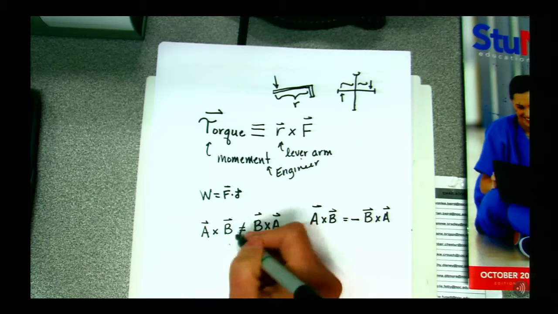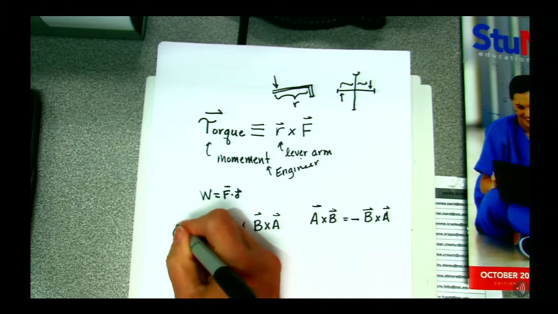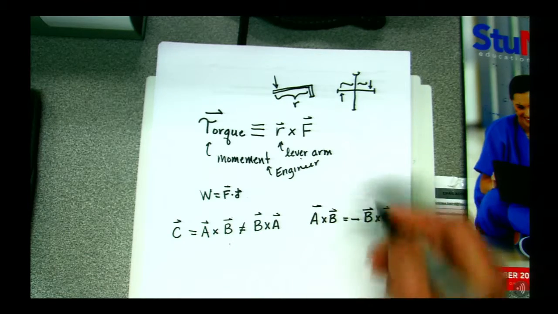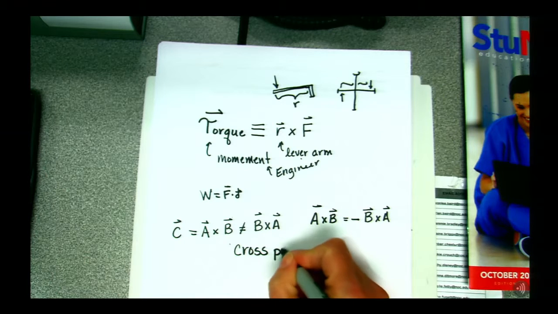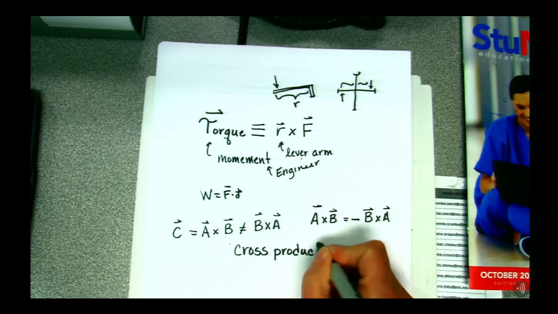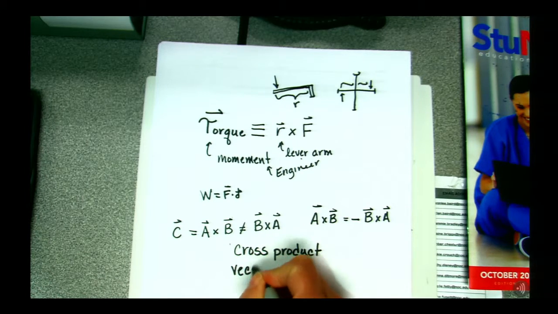And the result of this is another vector. So we talk about this being the cross product or the vector product.